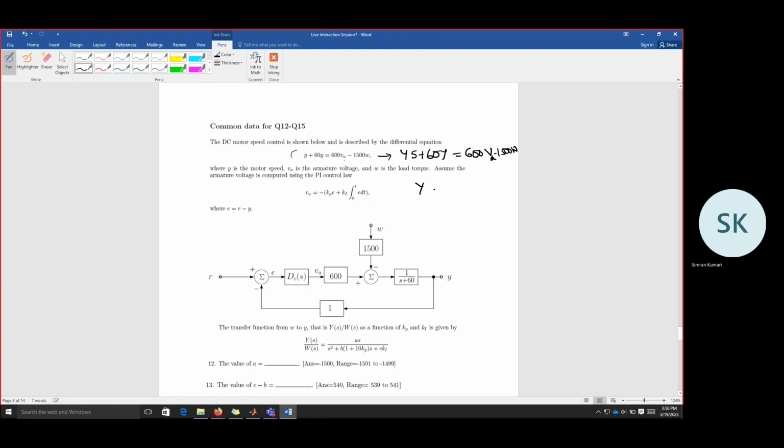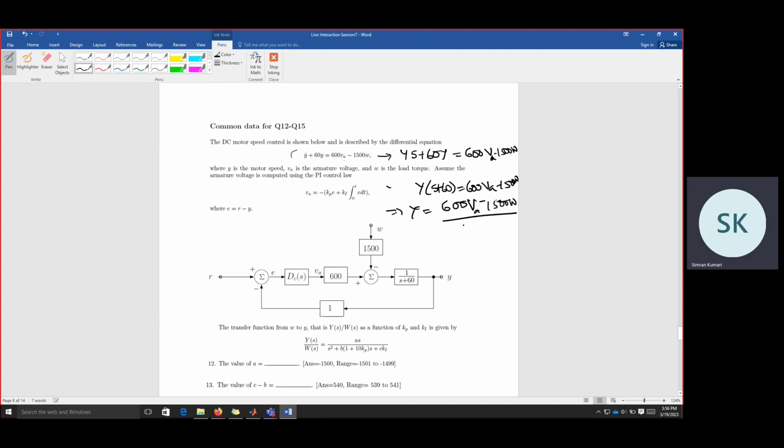So y is s plus 60 equal to 600 VA minus 1500 W. This implies y is 600 VA minus 1500 W by s plus 60.